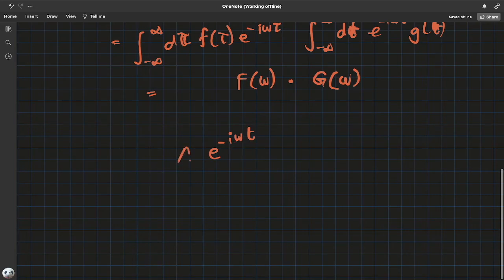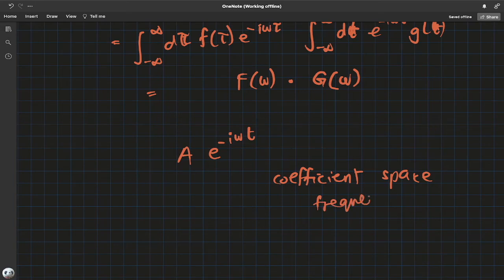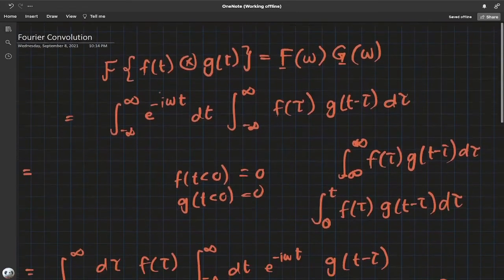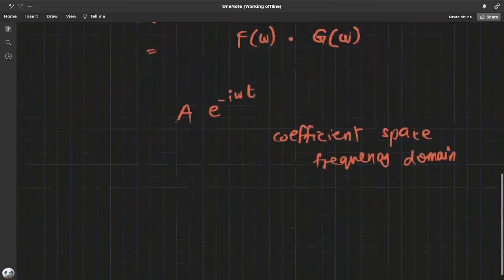Because it's like a linear combination, in this case an integral, this gives you a number. This is like the coefficient space, or you can think of it as the frequency domain. It gives you information on what the distribution of these coefficients was for these varying exponential factors in the breakdown of each of these functions.